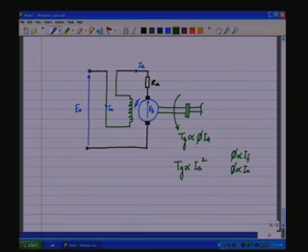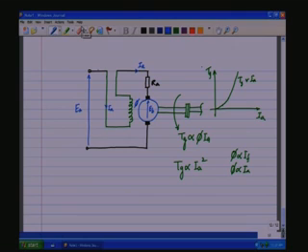So if we look at the load torque characteristics with respect to Ia, we see that this has a hyperbolic shape, Tg versus Ia in the case of the series motor.